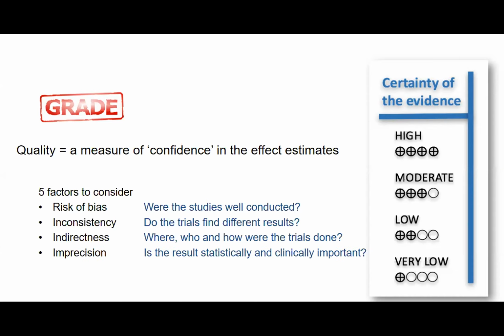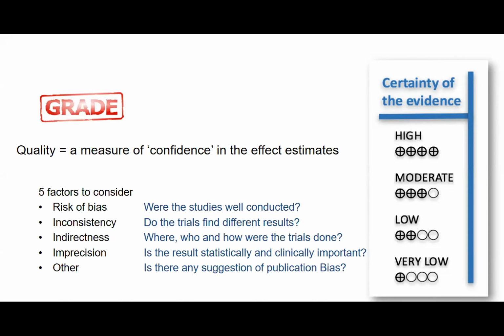You look at imprecision, which looks at the results, and so are the results statistically and clinically important, and then there may also be other issues that you want to consider. And all of these reasons that I'm putting here are the reasons for downgrading the evidence. If you get a very strong result, in those cases you may upgrade the evidence.